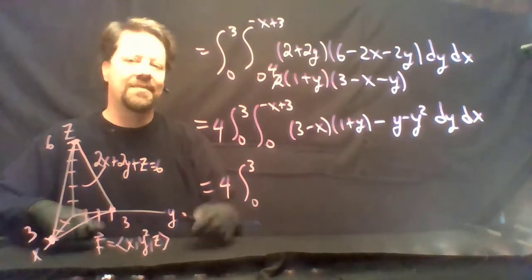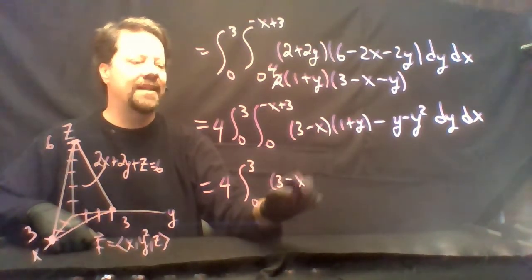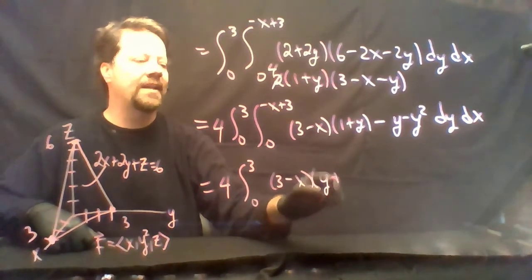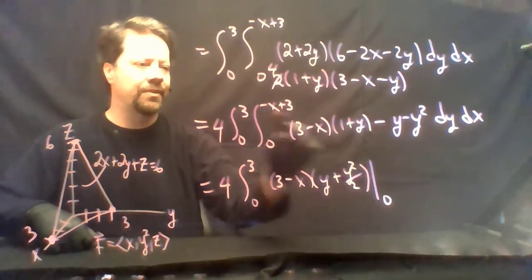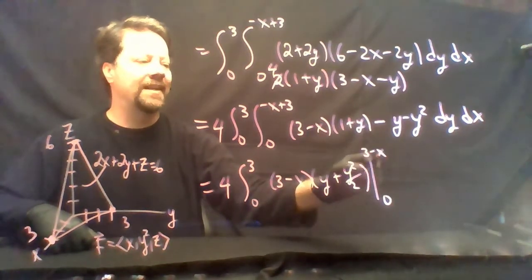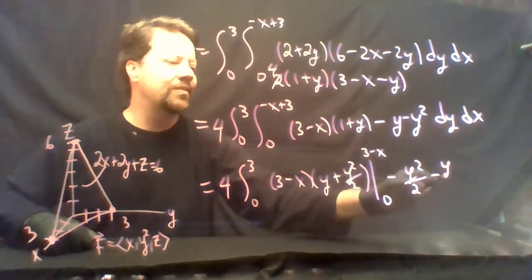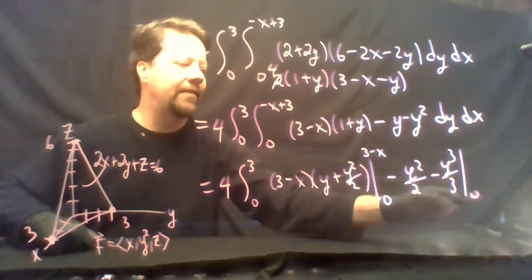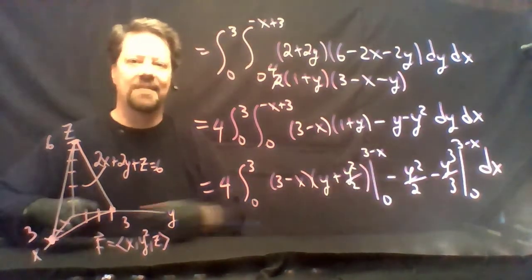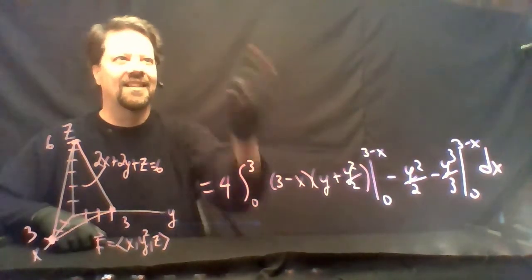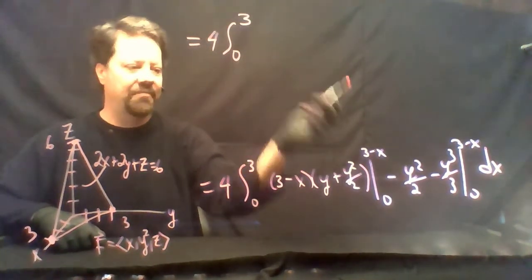We get 4 times the integral from 0 to 3. On the first term, we're going to have 3 minus x times y plus y squared over 2, evaluated from 0 to 3 minus x, minus y squared over 2 minus y cubed over 3, evaluated from 0 to 3 minus x, all times dx. Evaluating, we have 4 times the integral from 0 to 3.